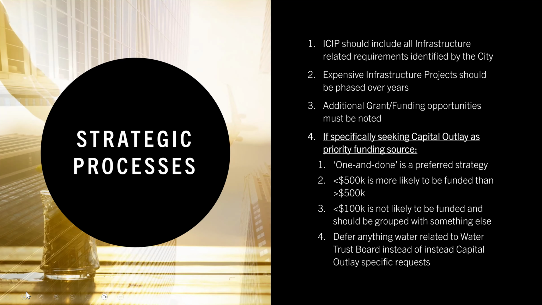Items that are $500,000 and less are more likely to get funded than items over $500,000. Items that are more than 100,000 are more likely to be funded than items under 100,000. So for capital outlay itself, there's a sweet spot between 100,000 and say 500,000.